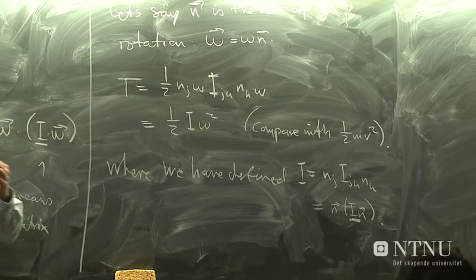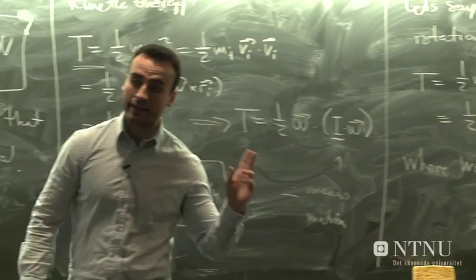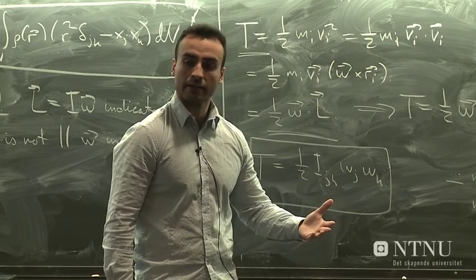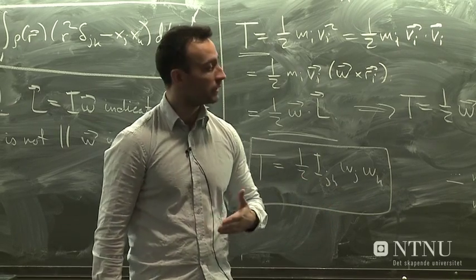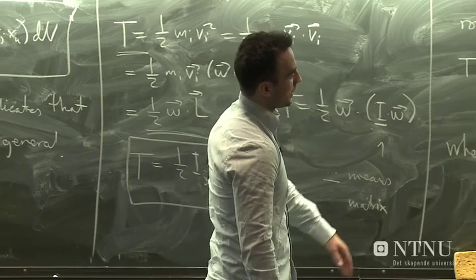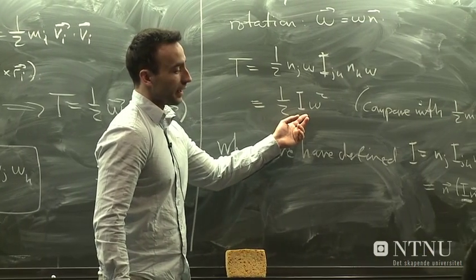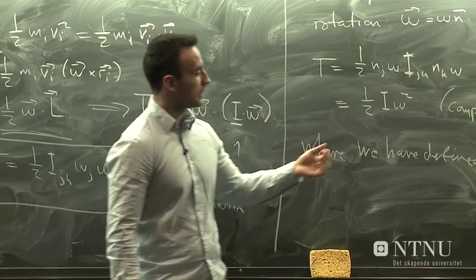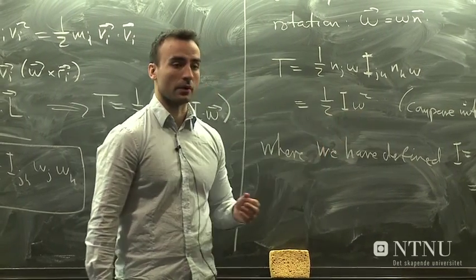So this allows us to think of the kinetic energy associated with the rotational motion in analogy with the kinetic energy of some linear motion, say. So you see here that this I plays the role of the mass, and the angular velocity plays the role of velocity.